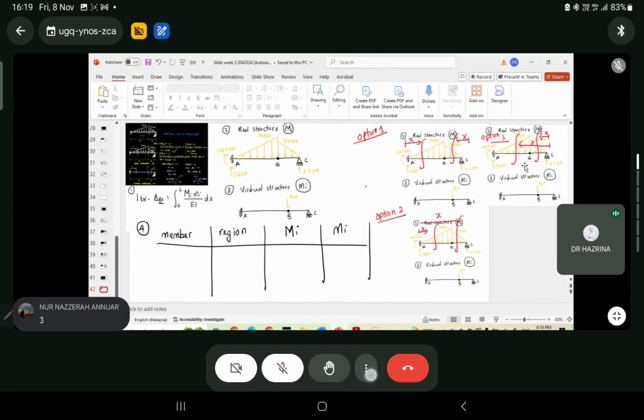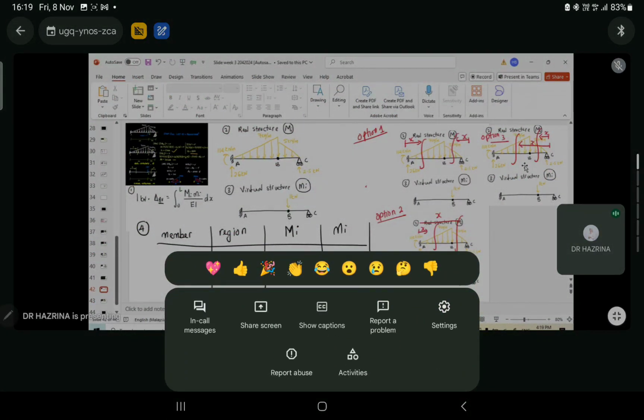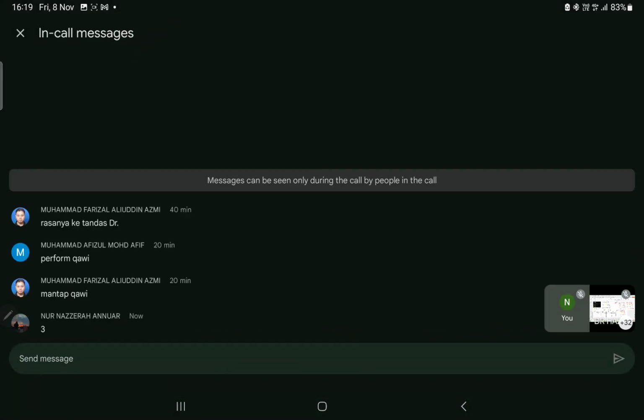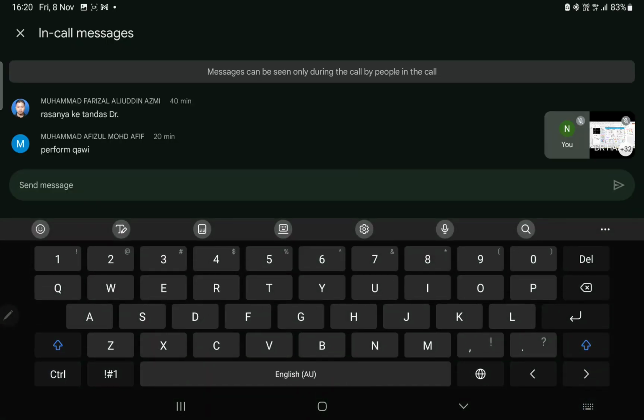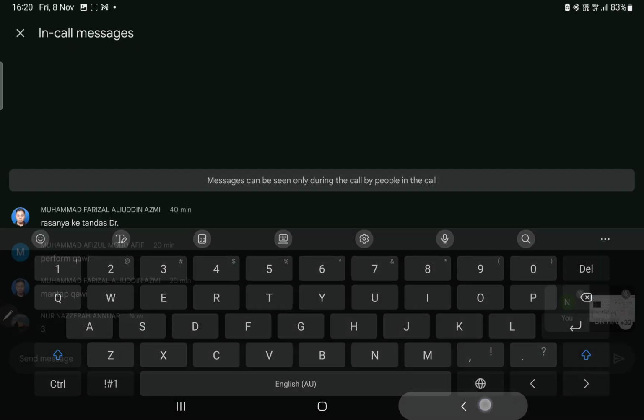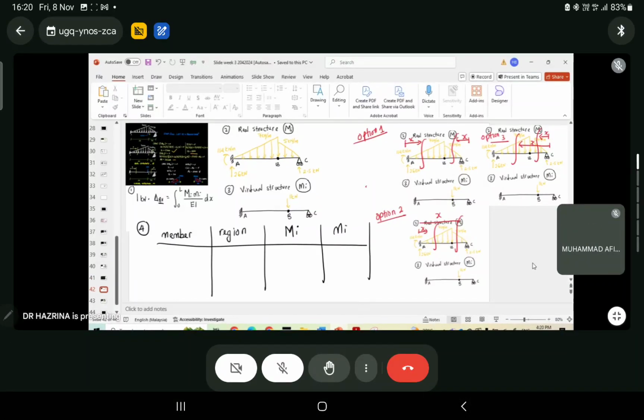Option 3. You tak rasa ke option 3 ni agak sukar? Saya cuba dulu. Saya satu lah. Oh, satu-satu. Saya buat satu. Satu silap. Saya paling faham 3. Dah rasa satu.